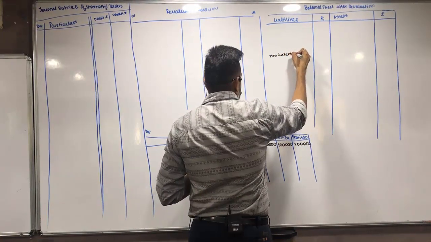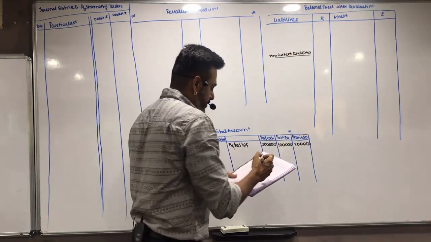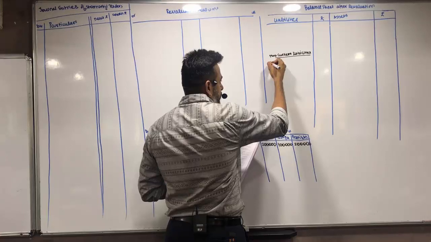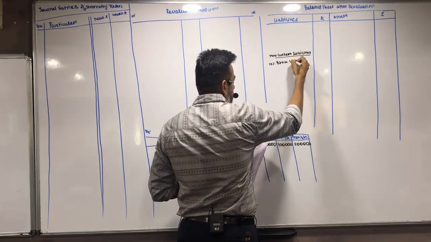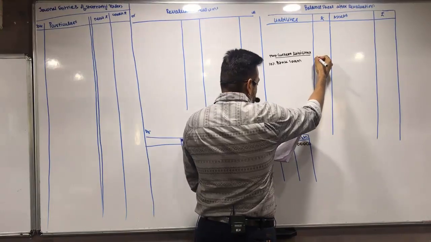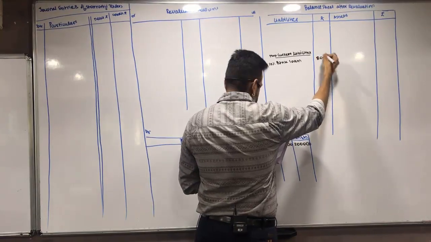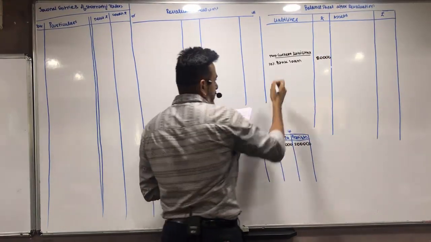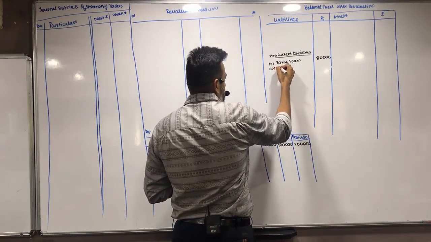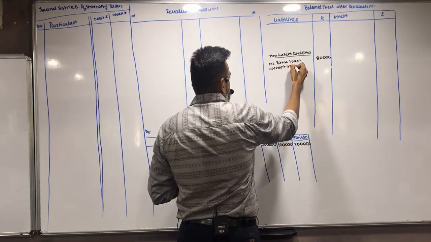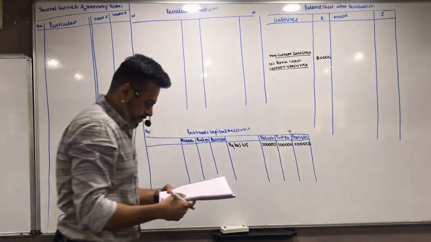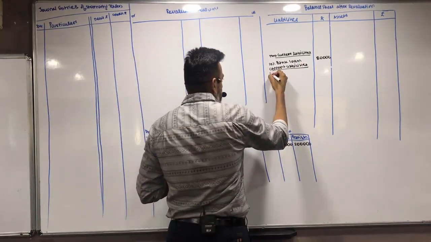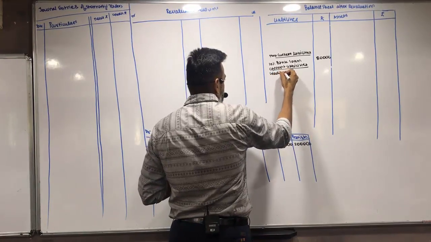Non-current liabilities: 10% bank loan, no adjustment, outer column 80,000. Current liabilities: creditors inner column 1,70,000.